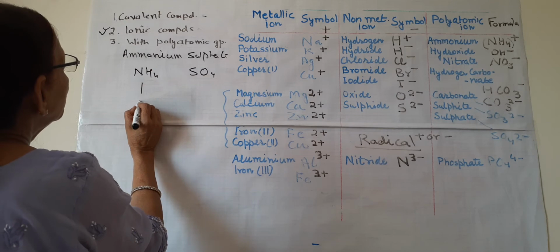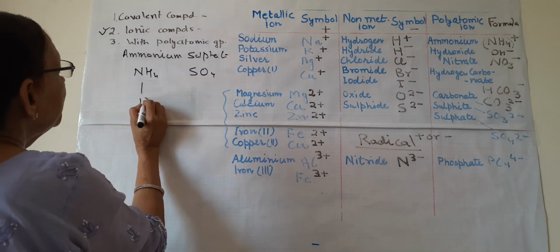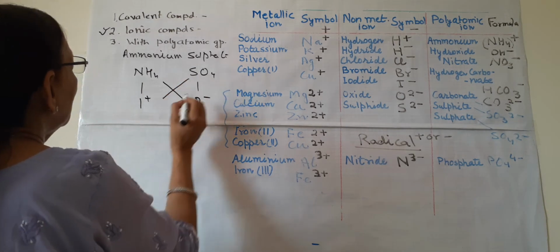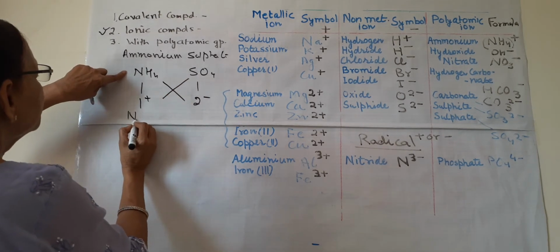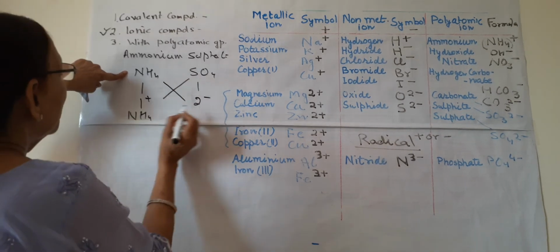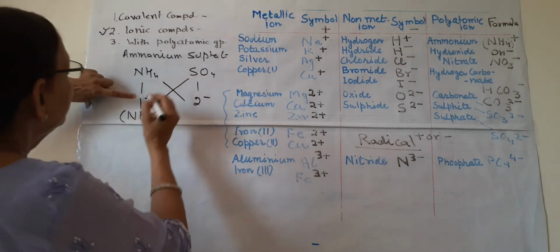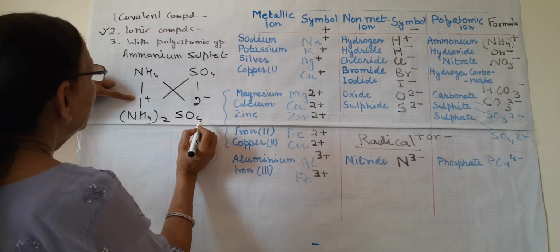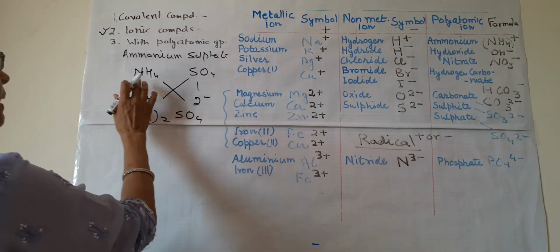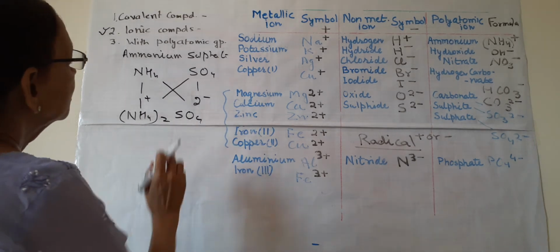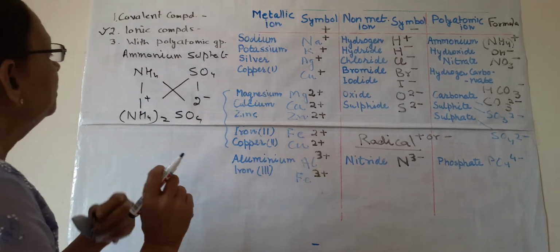Ammonium valency is 1 plus, sulfate 2 minus. So crisscross: with NH4 we have to write 2. If it is more than 1 we write it in a bracket. With SO4 we write 1. Don't try to put a bracket. So it is (NH4)2SO4. So this is the formula with polyatomic groups.